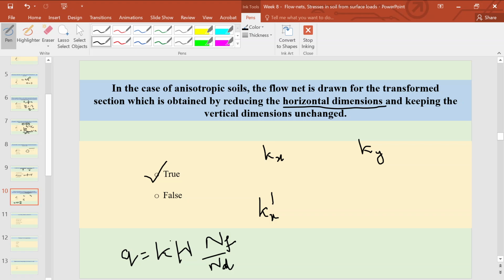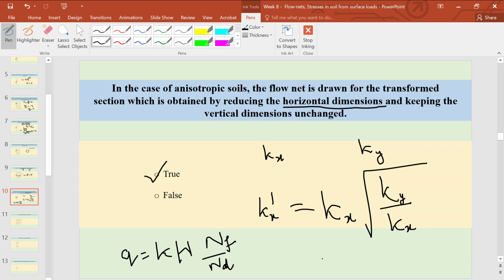So how do we find this transformed value of K in the horizontal direction? It is the actual value in the horizontal direction multiplied by the root of Ky, the vertical direction, by Kx, the horizontal direction.